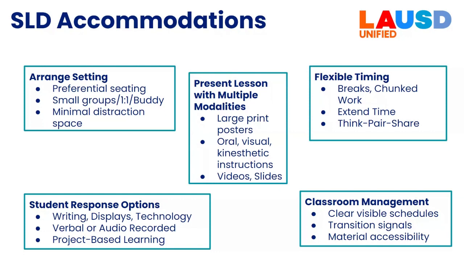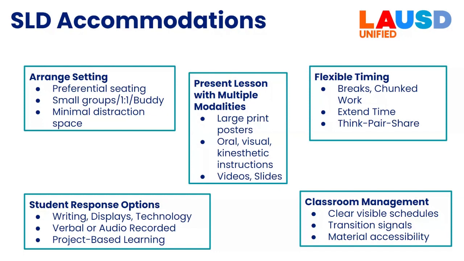Allow for a variety of student responses. Make your classroom a universal design for learning. Give the students the same learning goal, but allow them to show you in their own, different ways. Classroom management.